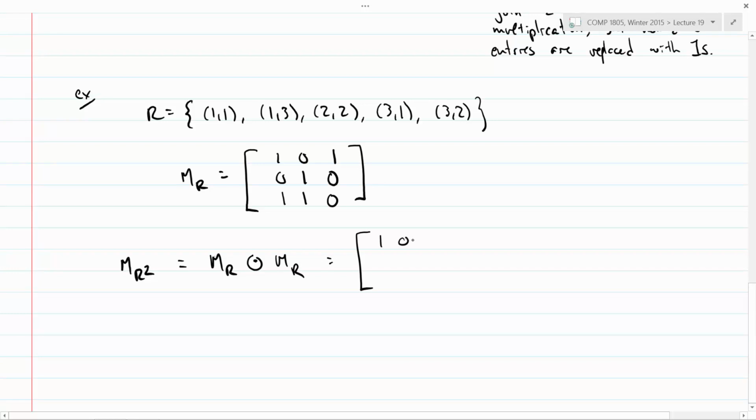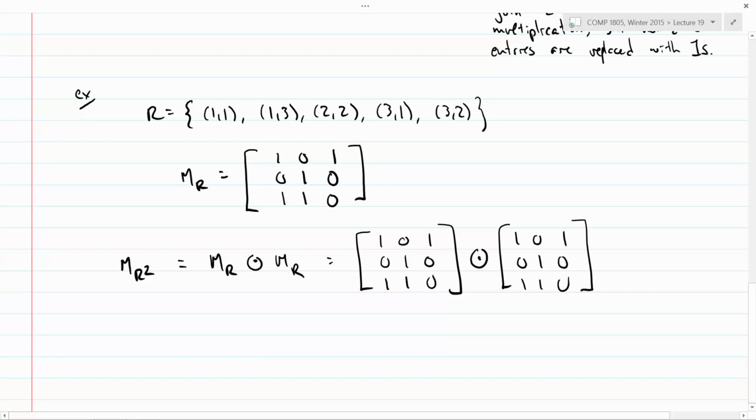So that's 1, 0, 1, 0, 1, 0, 1, 1, 0, joined with 1, 0, 1, 0, 1, 0, 1, 1, 0. Who knows how to do matrix multiplication? Okay, so if you don't know how to do matrix multiplication, this will not be illuminating for you.